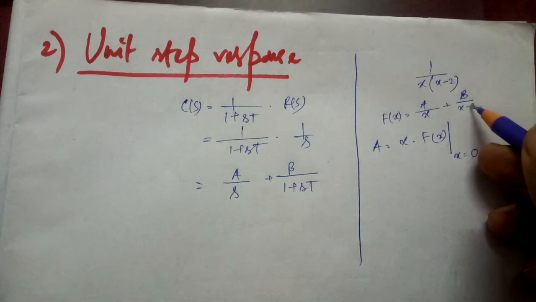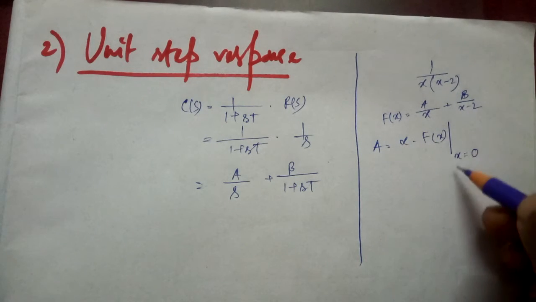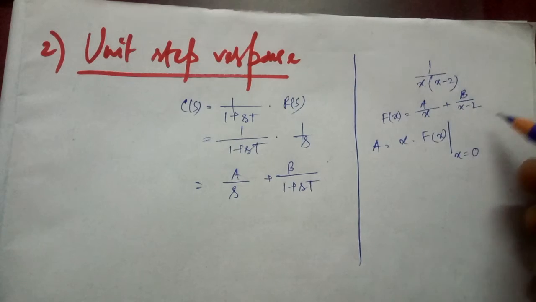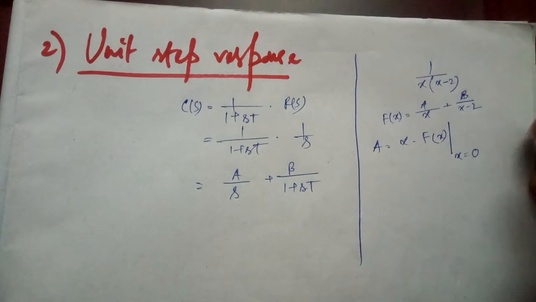Similarly, b will be (x minus 2) into f(x) at x equal to 2. This way we can find it.